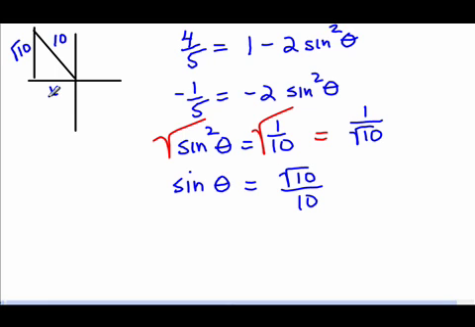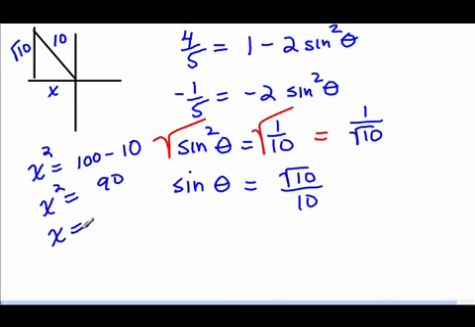So x squared is equal to r squared minus y squared. So x squared is equal to 90. X is the square root of 90, 3 root 10.